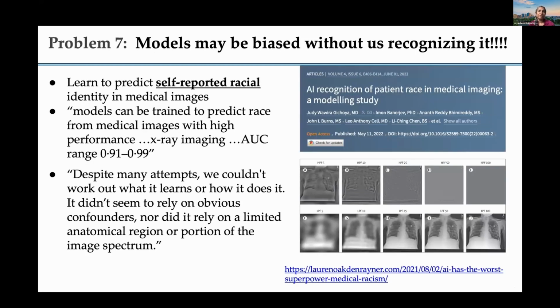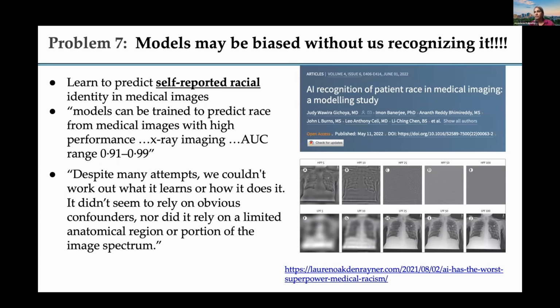This was shocking, surprising work to many of us in radiology. Given a chest X-ray, you can train a model to tell what the self-reported race is. No one has quite figured out what is going on here, but many people have reproduced this work, and the model seems to be able to be trained, based on a large data set, to say what self-reported race might look like.